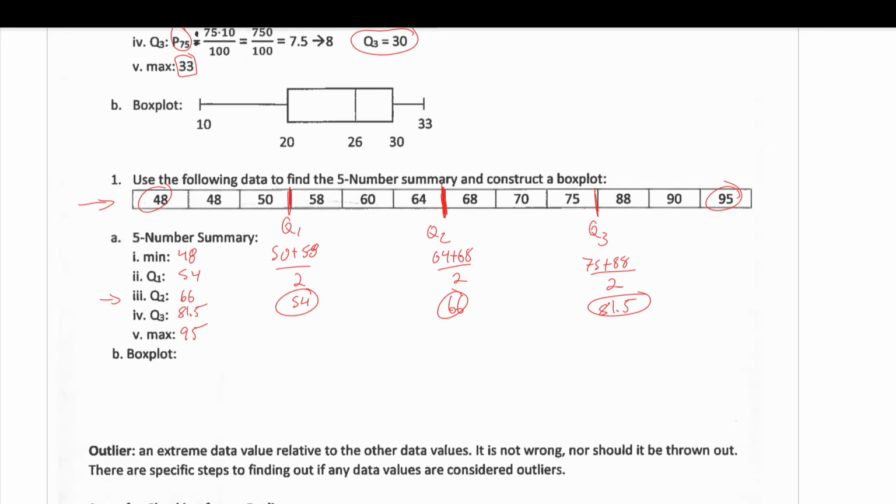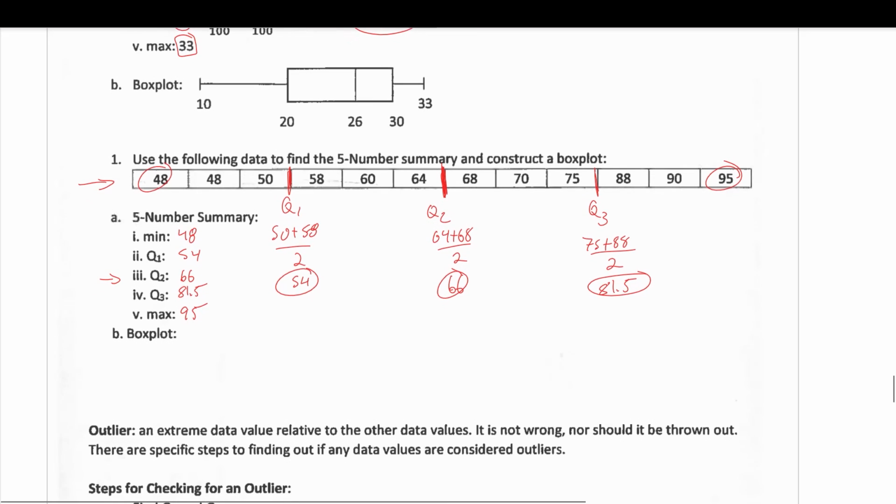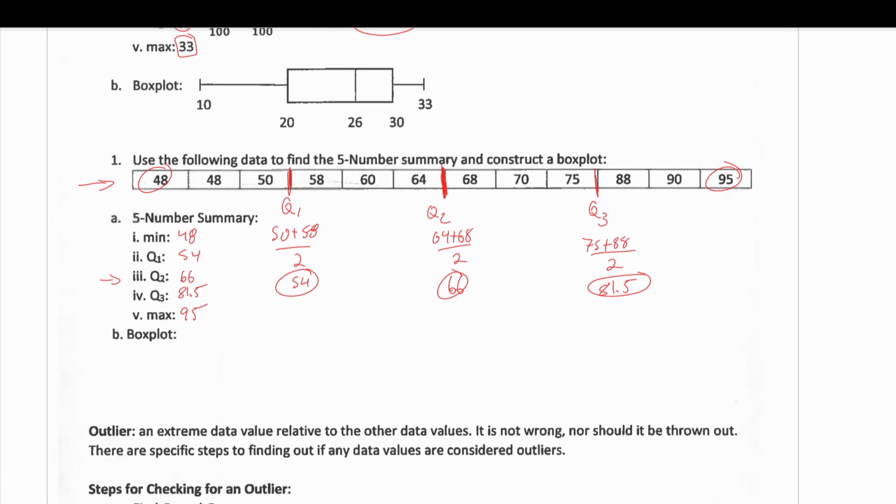All right, how do we come up with the box plot? Well, if you're just winging it and drawing the box plot without any real effort, it'll be hard to get it accurate. So what you really want to do is come up with a measurement scale. Now, what I like to do here is I look at the minimum and then I look at the maximum.